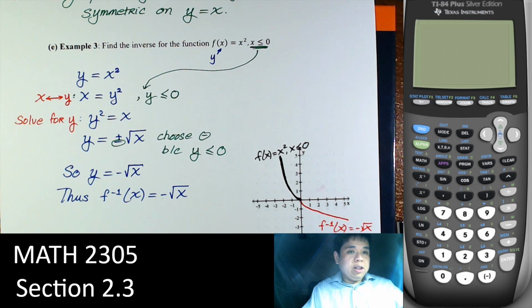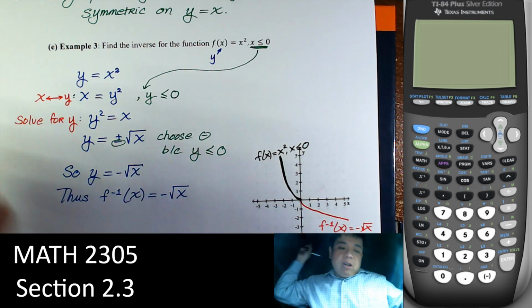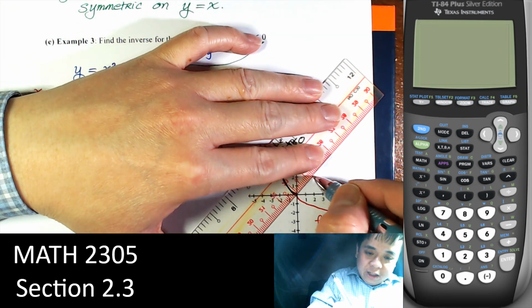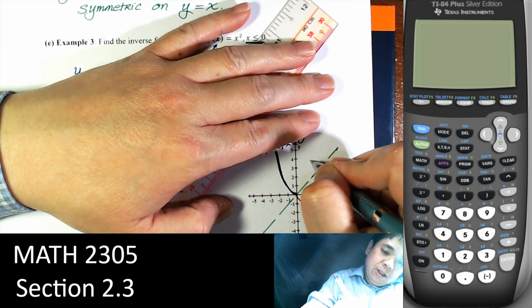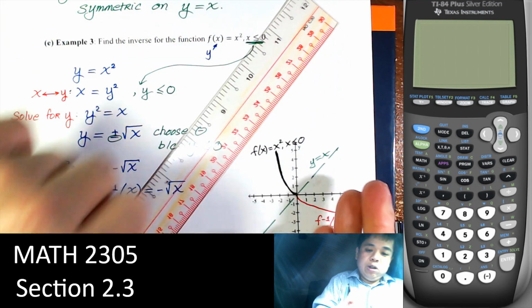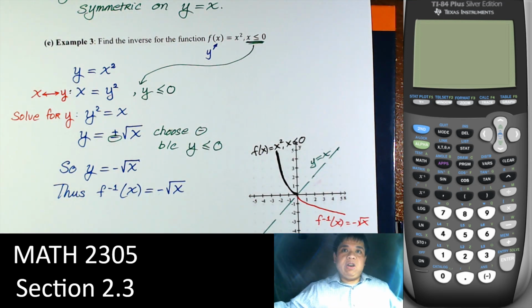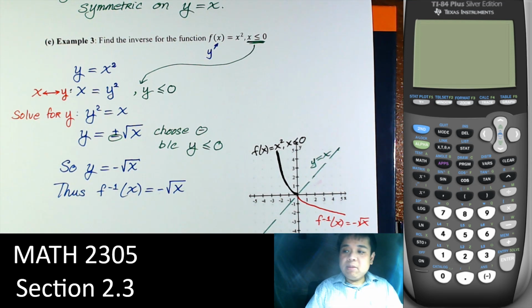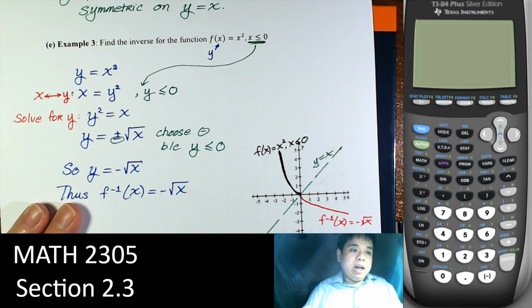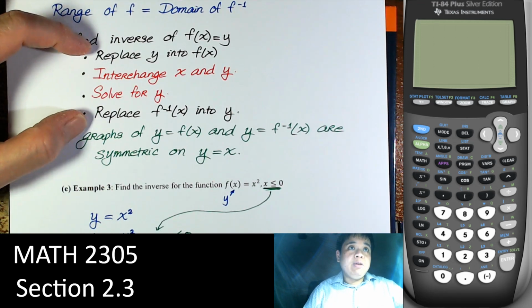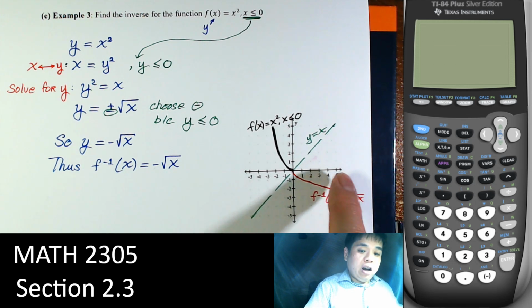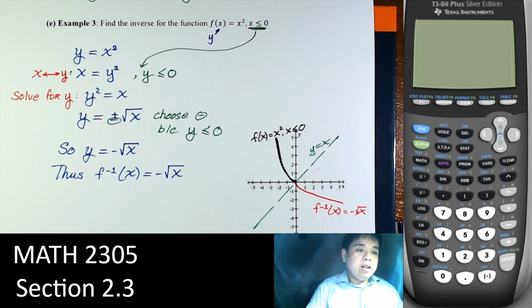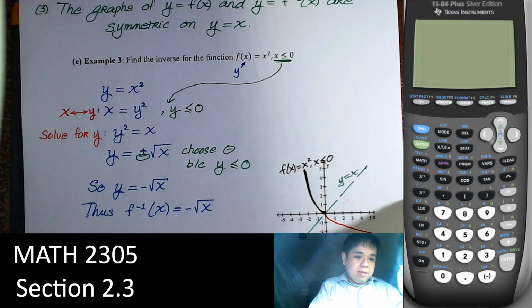And of course we see that the graph is symmetric on the line y equals x. So the graph of the function and the inverse are symmetric on that line. So that's why it works. Once again, this is how we find the inverse, and we can check that the graphs of the function and the inverse are symmetric on the line y equals x.